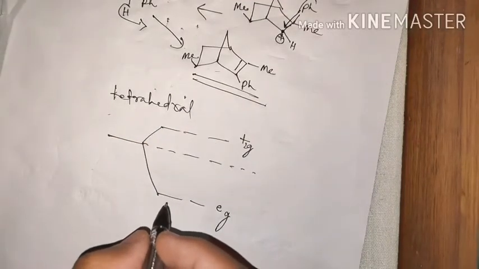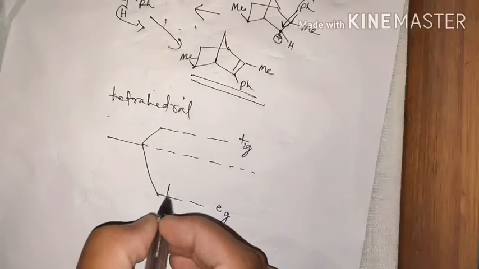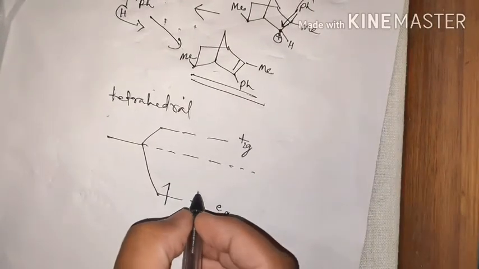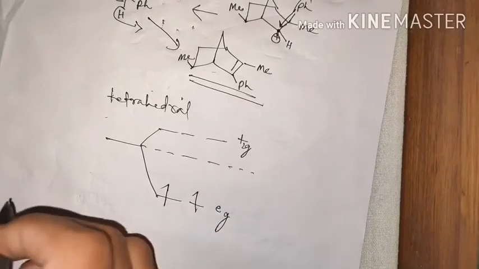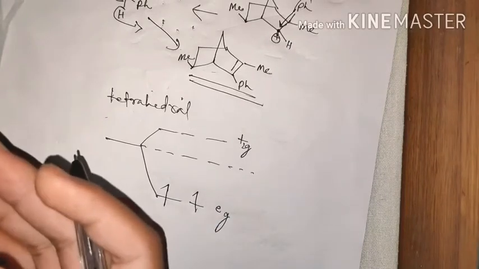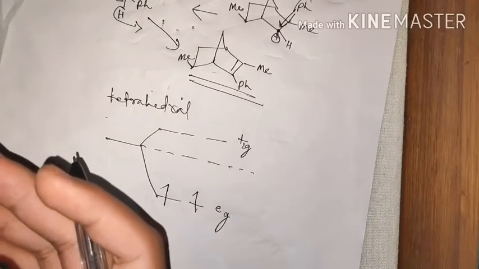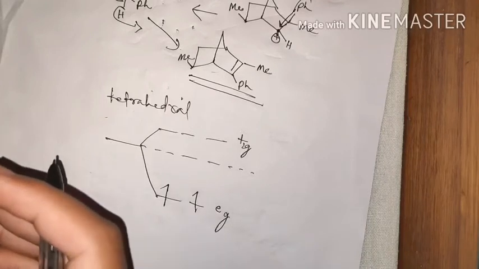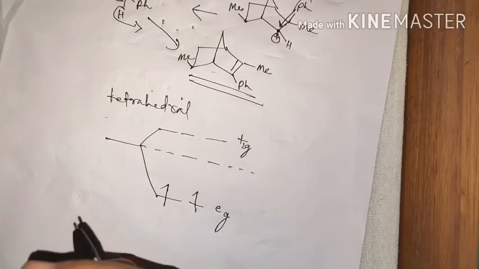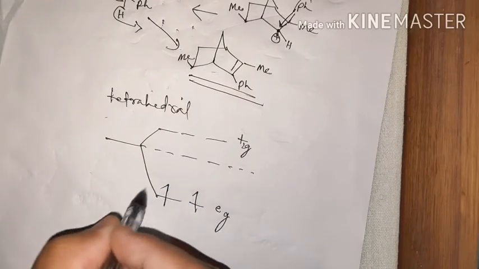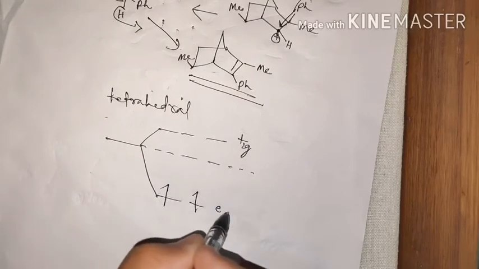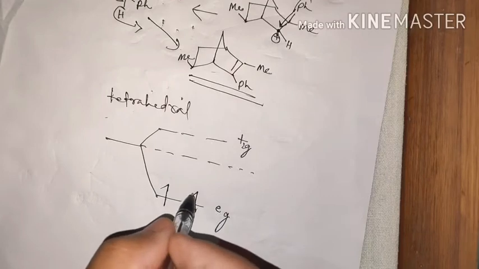So what happens? High spin complex means what? There is the maximum number of unpaired electrons, and low spin complex means there are no unpaired electrons. Okay, so for a tetrahedral complex, this is the maximum number of unpaired electrons that can be attained in the e orbital. Okay, so this way.